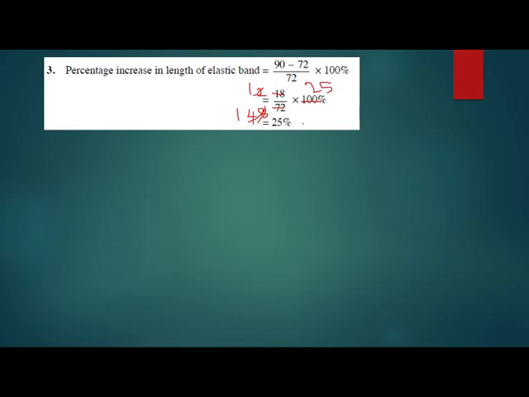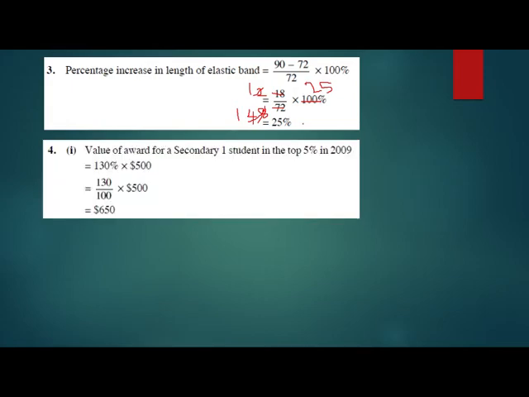Now read question number 4. I'm not reading question number 4 from the book because it's too long, so you will read it from the book. I will explain it. In question number 4, we have 2 parts. In the first part, they are saying that there was an increase of 30% in the value of an award from 2008 to 2009 for a Secondary 1 student in the top 5%.